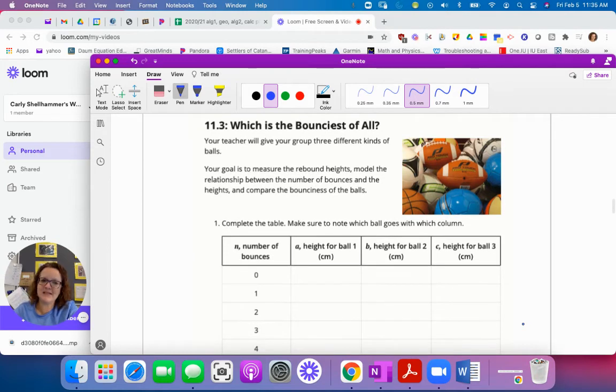Which is the bounciest of all? All right, so in class, I hope to get to this, if I see you guys and we have the time. Your teacher will give you 3 different types of balls, a bouncy ball, etc. Your goal is to measure the rebound heights, model a relationship between the number of bounces and the heights, and compare the bounciness of the balls.